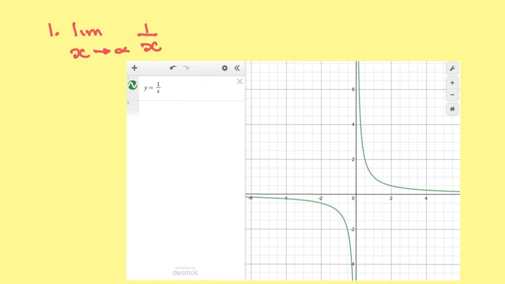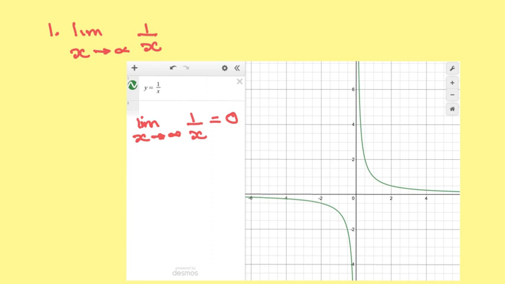Here is a graph of 1 over x drawn on Desmos, and as you can see, as x gets larger and larger and tends towards infinity, the graph tends to the x-axis or y equals 0. So we can say that the limit as x tends to infinity of 1 over x is equal to 0.